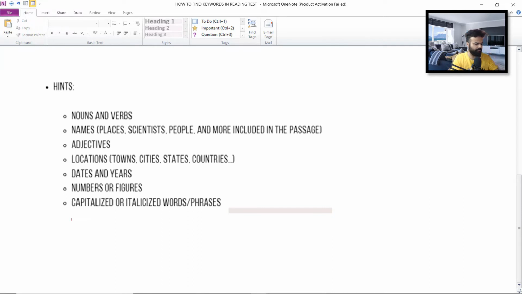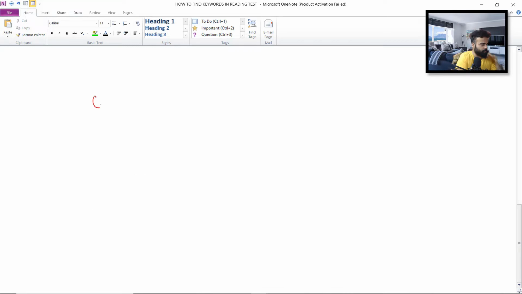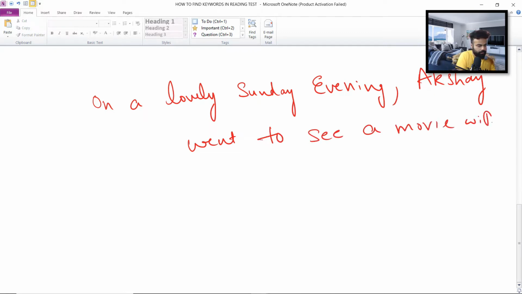Now let's understand this with the help of a very simple example. Let's say we have a statement: on a lovely Sunday evening, Akshay went to see a movie with his family.